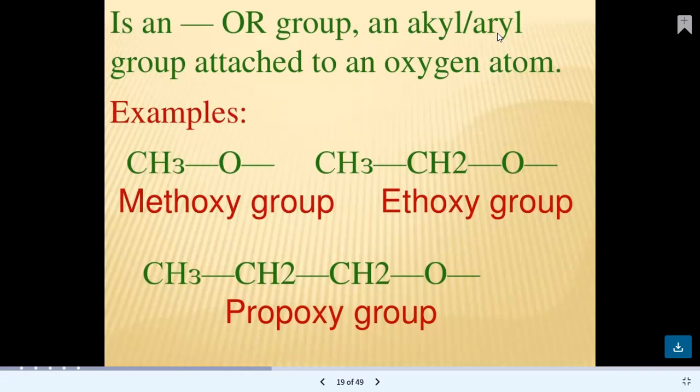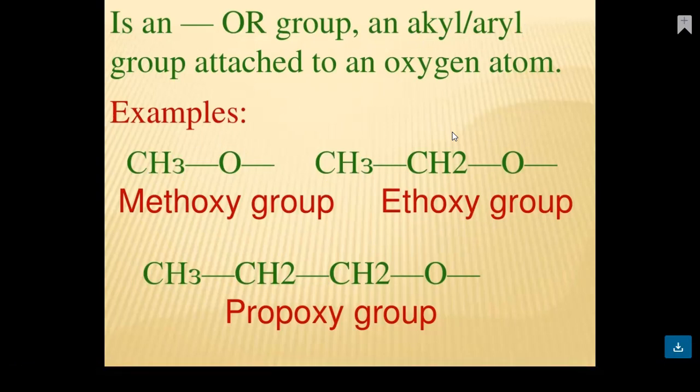This comes from aromatic, I mentioned to you. So here you have a methoxy group, an ethoxy group, a propoxy group, and sometimes they will just act as a substituent when the ether is not the most important functional group in the chain. Remember, I mentioned that too in the last class.